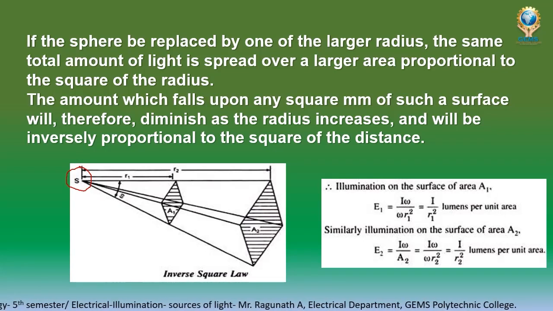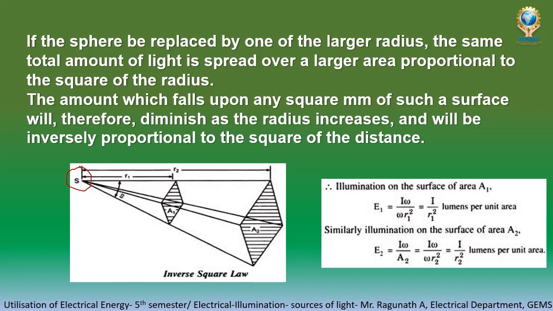So here I explained in this slide. Actually, in the last slide we saw that there is a sphere. If suppose we keep some other surface, whatever it may be, the distance between the surface and the source will play a role.